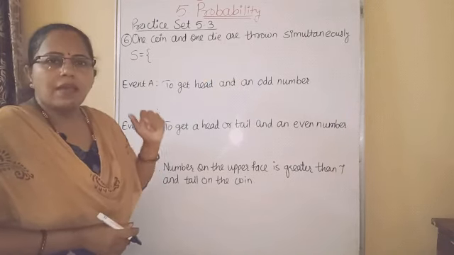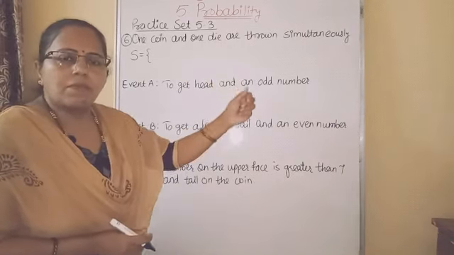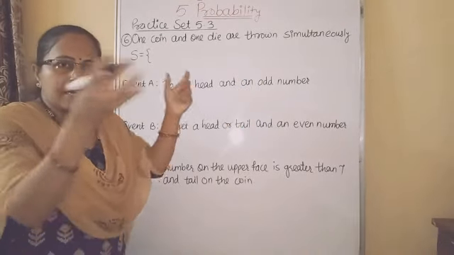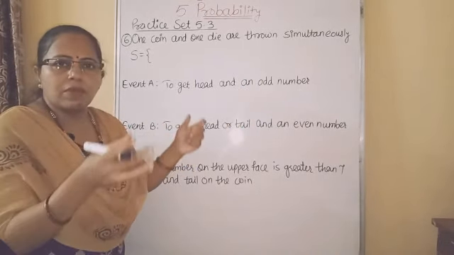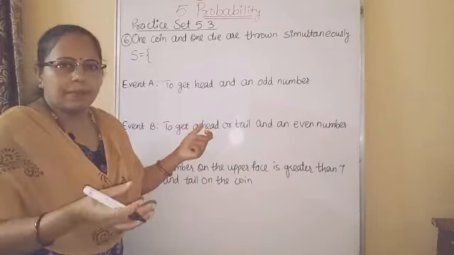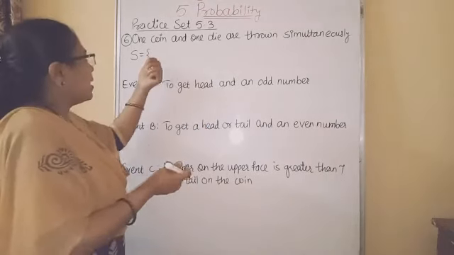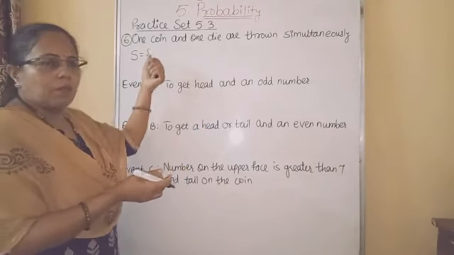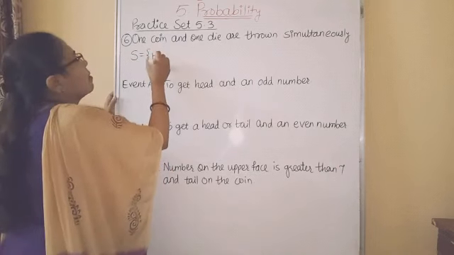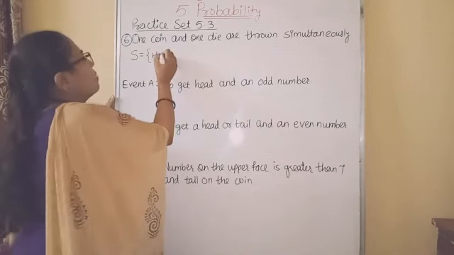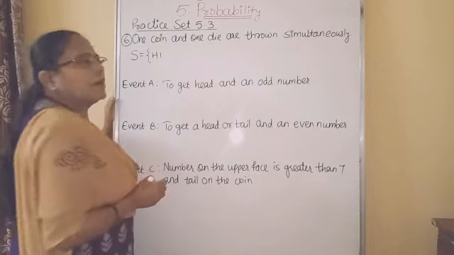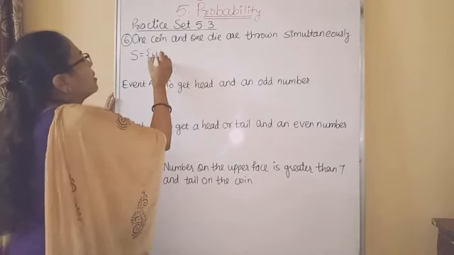And for the die, 1, 2, 3, 4, 5, 6. These both results we have to combine because we threw them simultaneously. So first we will take the result from the coin, H, and the result from the die, 1. So the first result is H1.